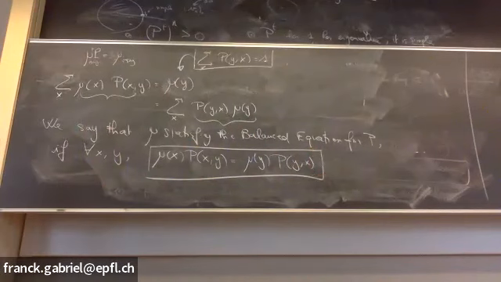So I have a kind of balanced flow. It's a measure such that I have a balanced flow between x and y.